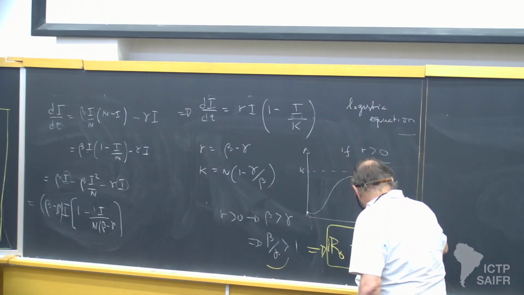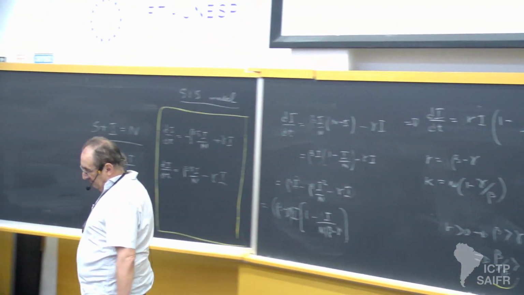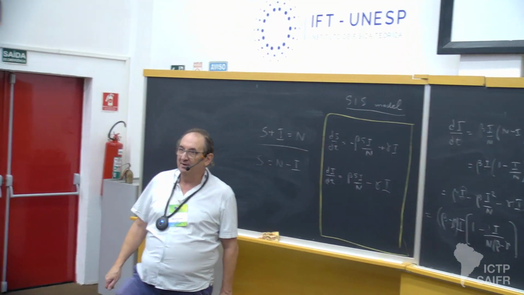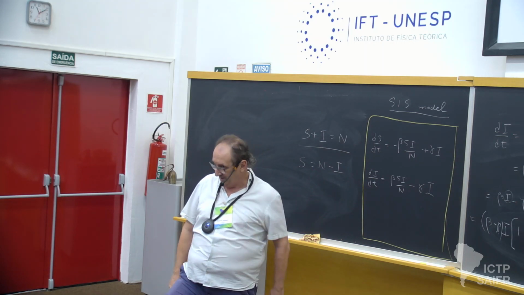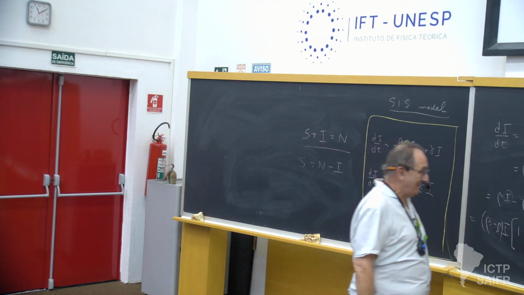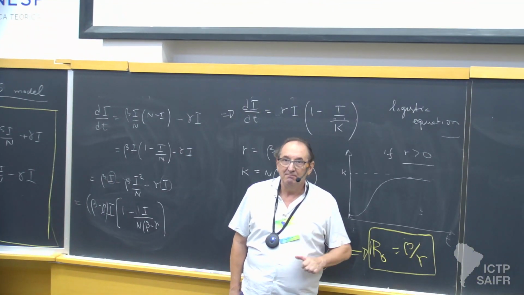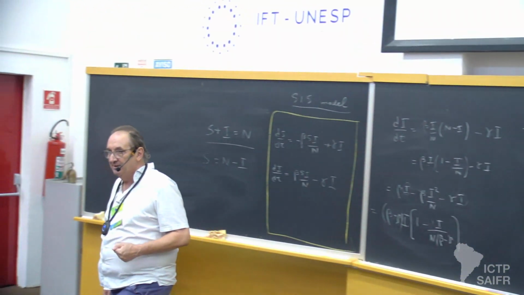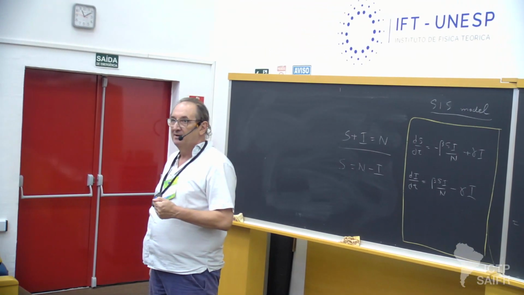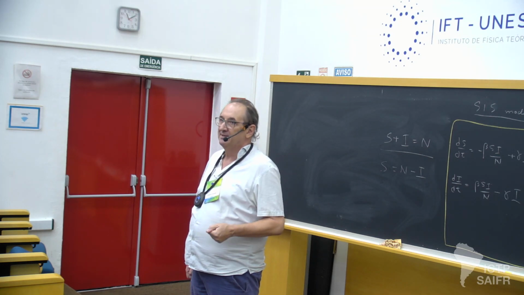This is called the basic reproduction number of this disease in this population. And it gives you a threshold value, meaning that if this is bigger than 1, I have an epidemic, and if this is smaller than 1, I don't have an epidemic.